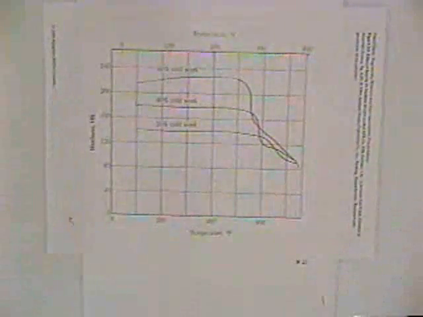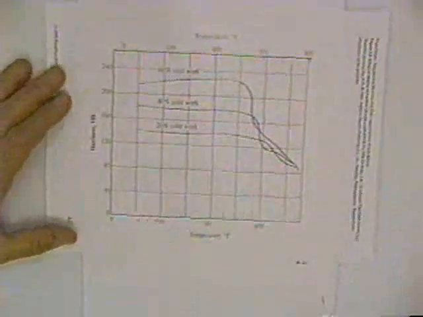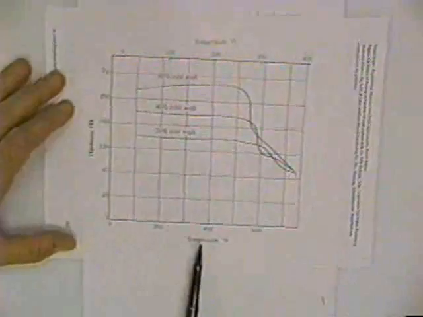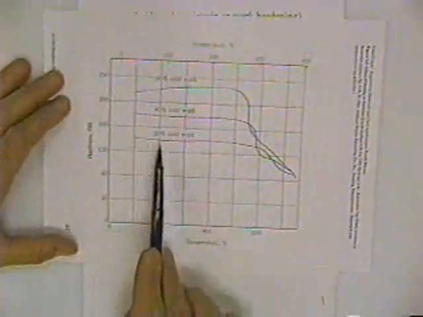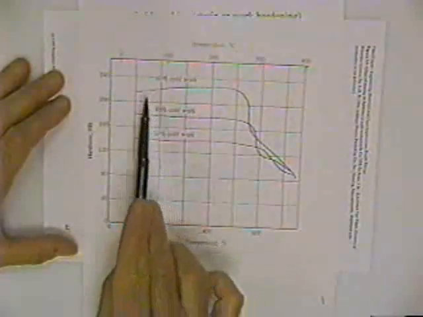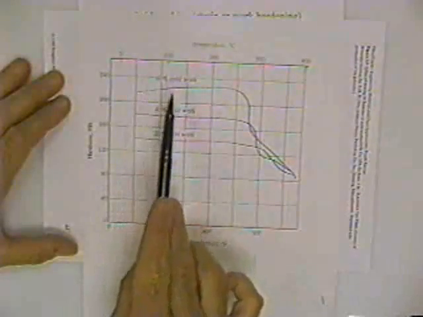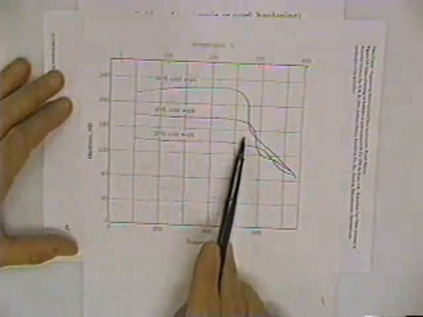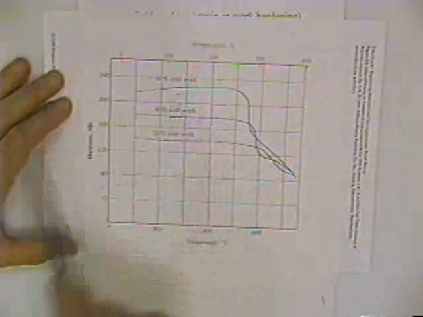The recovery process or recrystallization process is shown on the figure on page 25, and for the brass system, you can see this is the recrystallization temperature and the amount of cold work, 20, 40, and 60, so this would be stronger, have less ductility, and you see the recovery process occurs a little earlier as the cold work increases.